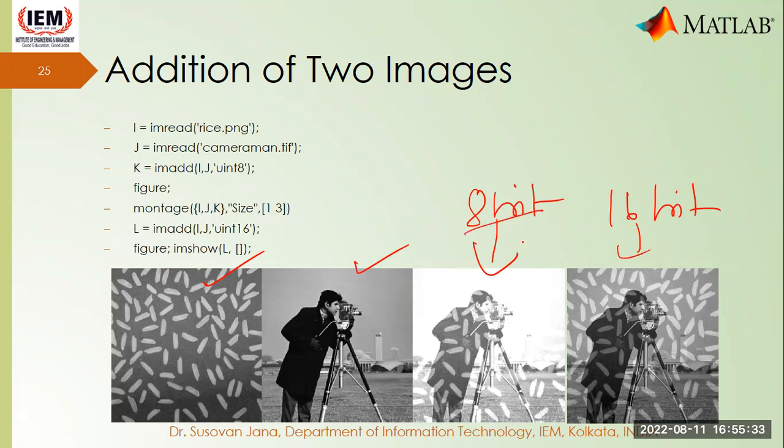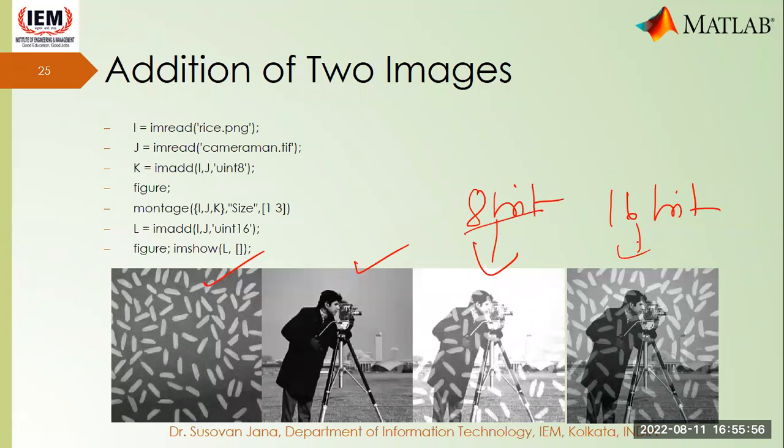Because of the limitation of intensities, when we are adding, we get pixel intensity values more than 255, but we do not have the scope to display more than 255 in an 8-bit image. So MATLAB has added one logic that if it goes beyond 255, it will be replaced with 255.